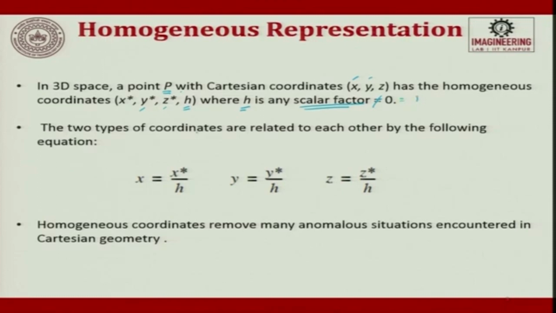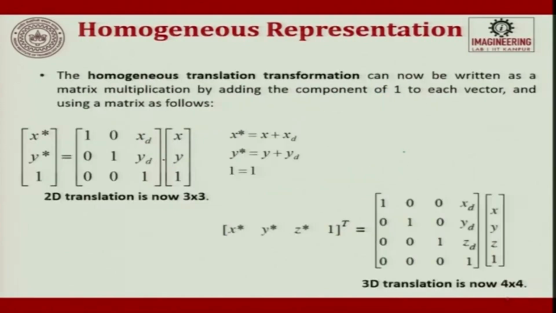The two types of coordinates are related by x equals x star by h, y equals y star by h, z equals z star by h. Homogeneous coordinates remove many anomalous situations encountered in Cartesian geometry. That is why we write it in a homogeneous representation.